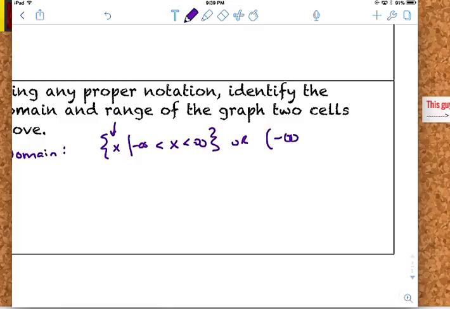So this says we're going to start at negative infinity, comma, end at infinity, and we can't reach that one either. These two actually say the same exact thing. This isn't the coordinate infinity, infinity. This tells you you're going to start at negative infinity, curved bracket says we can't use a number, comma, end at infinity, curved bracket means we can't use a number. Now the same is going to hold true for range, so this is just going to be a direct copy, except now we're talking about y values.